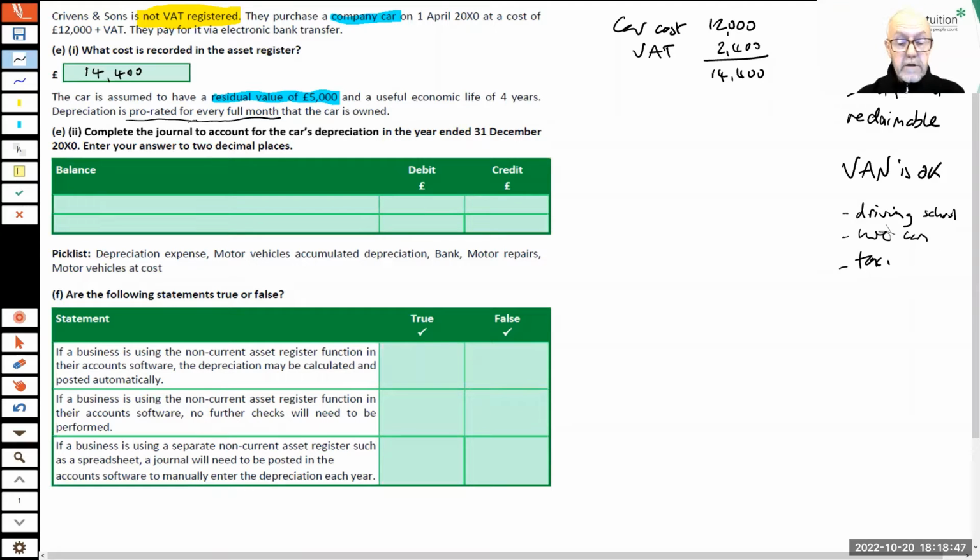So we've got 14,400. Our residual value is 5,000. So the cost over 5 years is going to be 9,400. So that over 4. Somebody's way ahead of me here, I think.